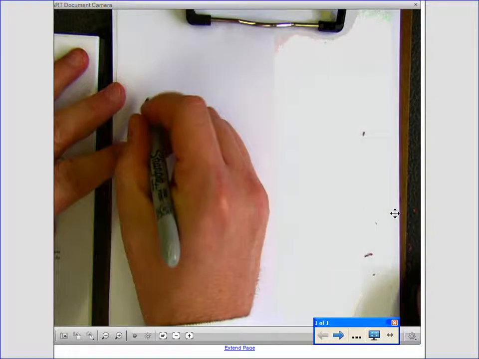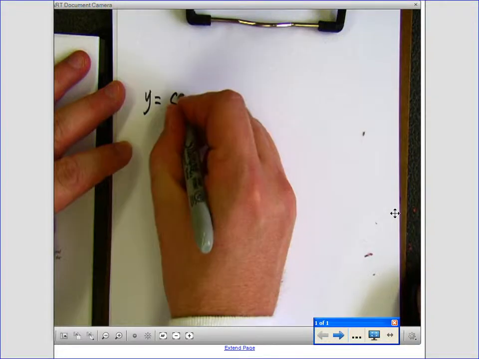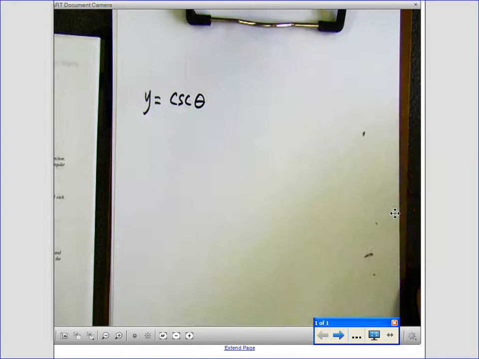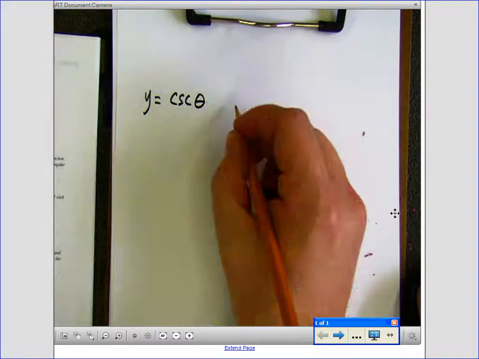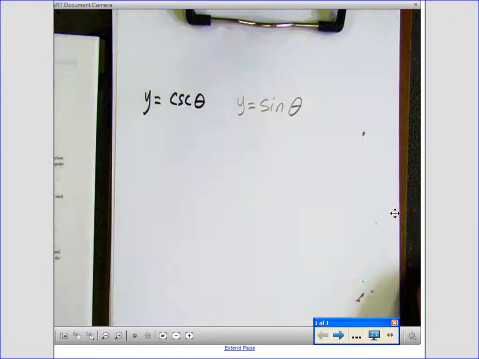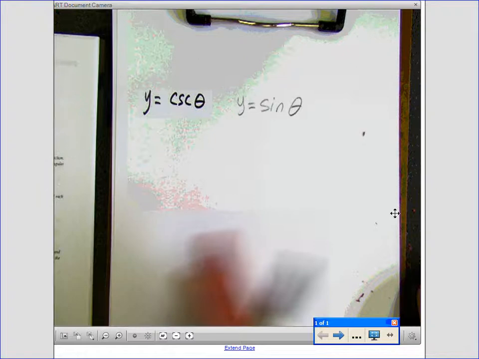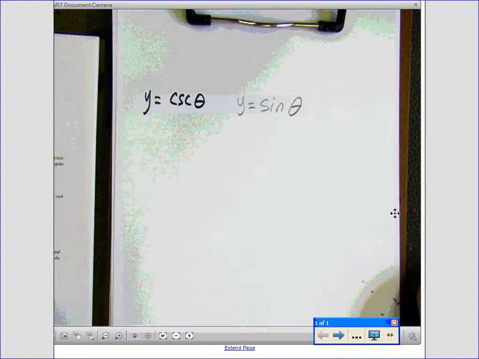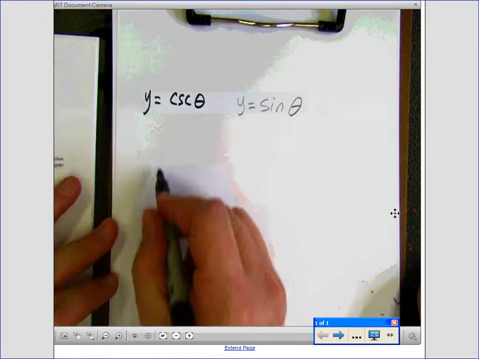Here we go. Let's do y equals cosecant theta. What's going to help me graph it is the sine graph. I'm not going to write out the other stuff. We should know that the amplitude will be 1, and the period is going to be 2 pi. So I'm going to go straight to the graph.